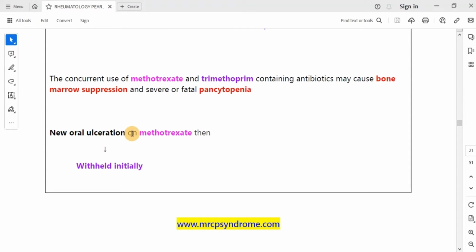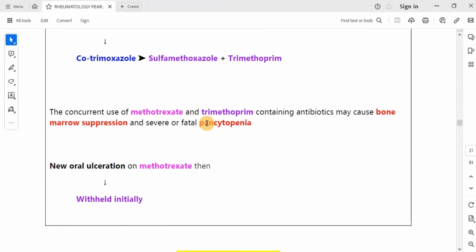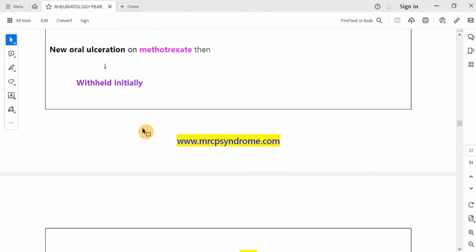If there is new oral ulceration on MTX, then we should withhold the MTX initially and go for symptomatic management of the oral ulceration, and following resolution we can start the MTX again. But if there are any features of pancytopenia or aplastic crisis, then we can't use methotrexate in that patient.